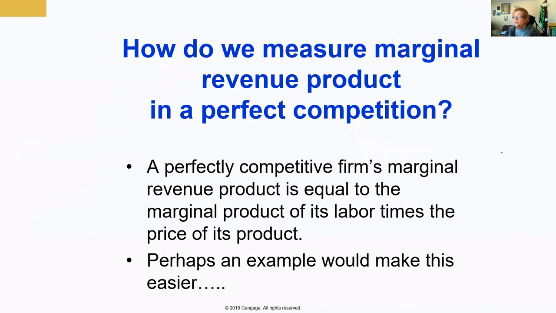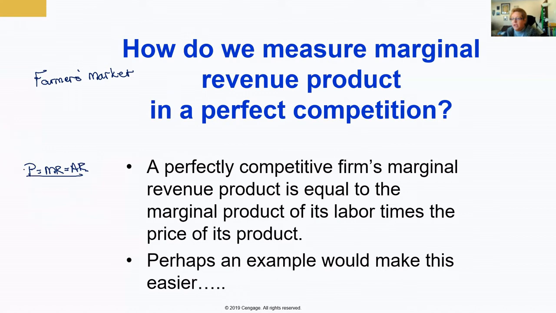So how do we measure marginal revenue product in a perfectly competitive market? So a farmer's market. Okay. In a perfectly competitive market, there are some things that you probably would not have studied, but I present them in my micro class. And basically, one of the things we know is that price is equal to marginal revenue. You don't know what that is yet, but that's okay, which is equal to average revenue.